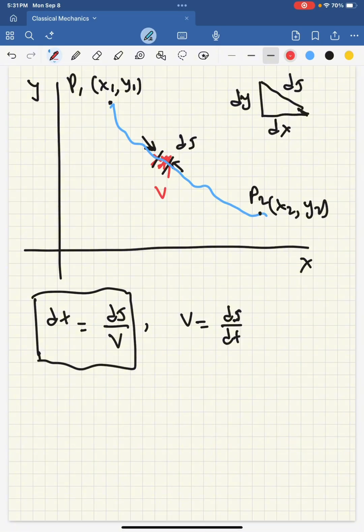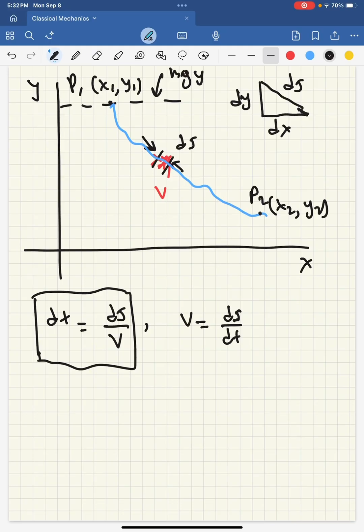How can we calculate v? With conservation of energy, right? Because up here the particle only has potential energy mgy, and it has a kinetic energy 1/2 mv squared down there.